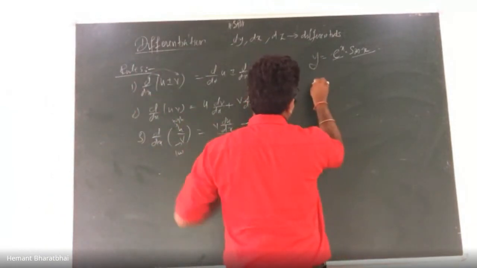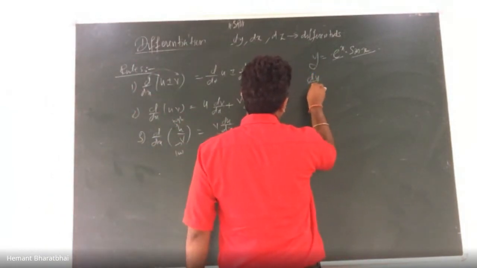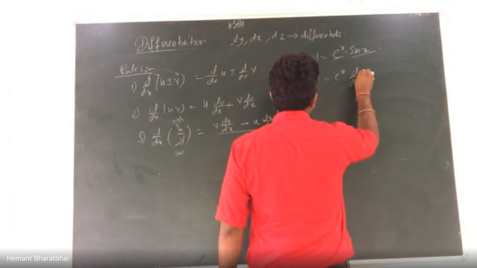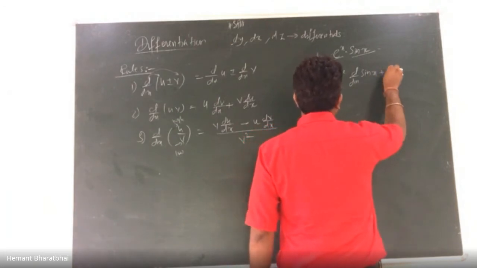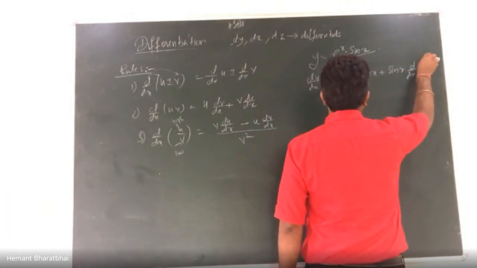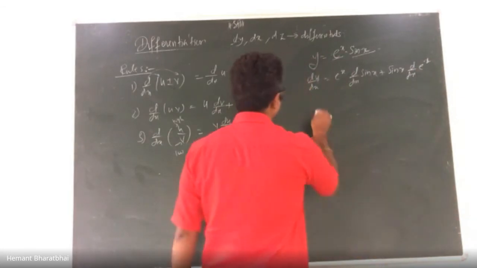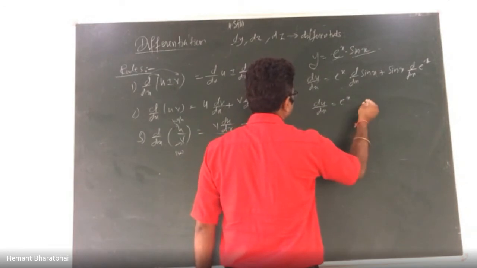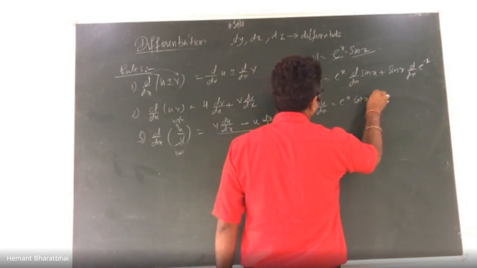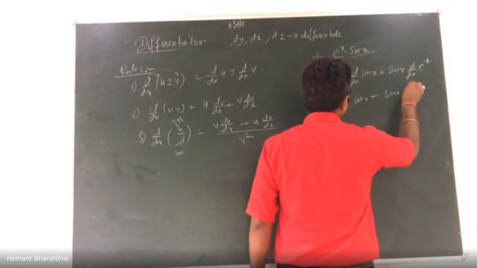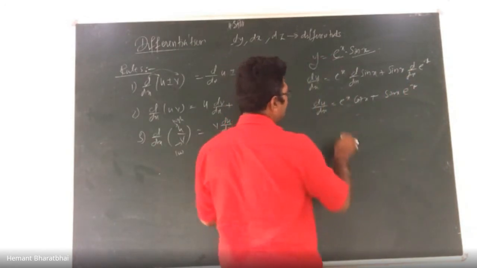Therefore, by this formula, I get dy/dx is equal to: keep e raised to x as constant, take the derivative of sin x, then keep sin x as constant, and take the derivative of e raised to x. Therefore, I'll get dy/dx is equal to e raised to x, the derivative of sin x is cos x, plus sin x, the derivative of e raised to x is e raised to x only.